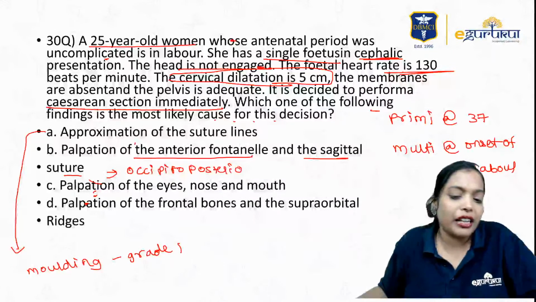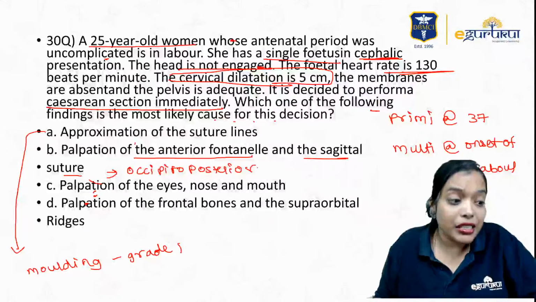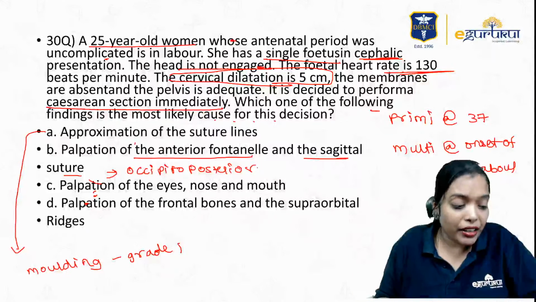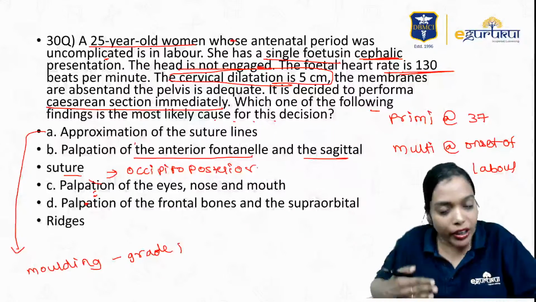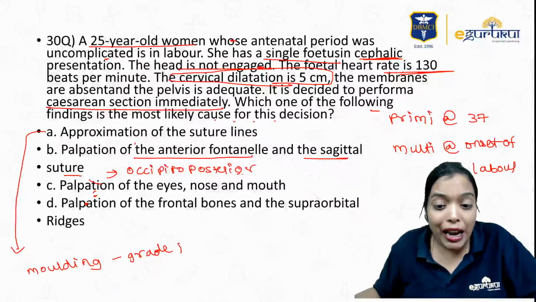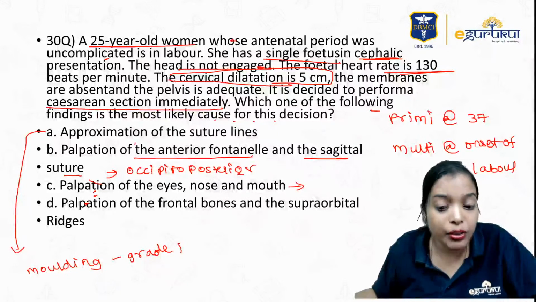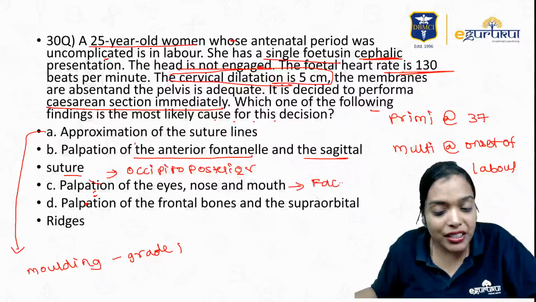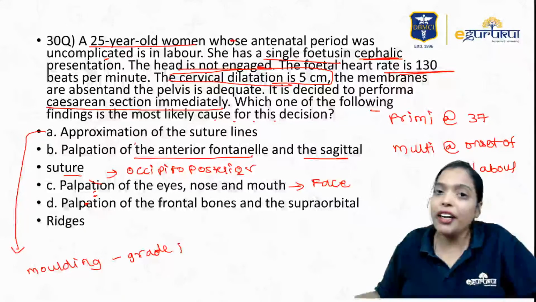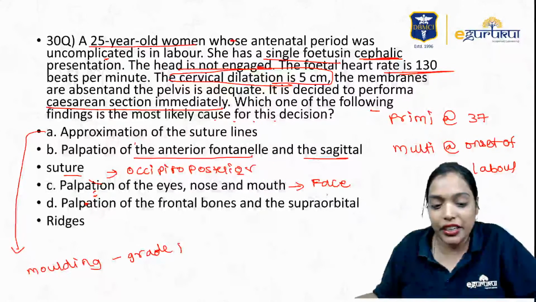Occipito-posterior also doesn't tell that you have to suddenly go for cesarean, because just now we told that she can progress into labor, right? Palpation of eye, nose and mouth suggests that we are dealing with face. Face, mento anterior, you can always do vaginal delivery.